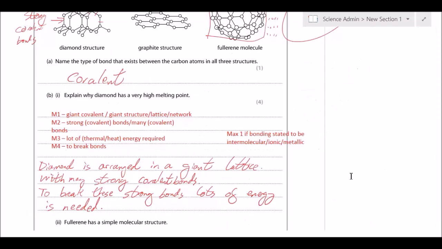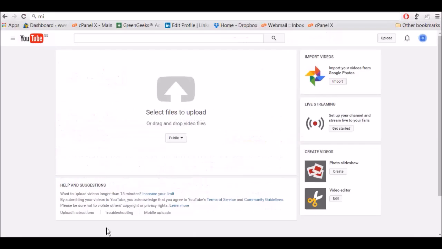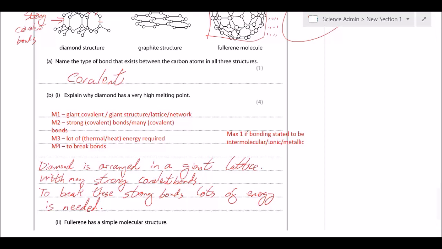A quick little addition to question B that I wanted to add was this last statement, or the last Mark 2 and Mark 3. You pretty much are going to add those every time a question is talking about why it has a high melting or boiling point. Okay, just remember these 2 last statements.